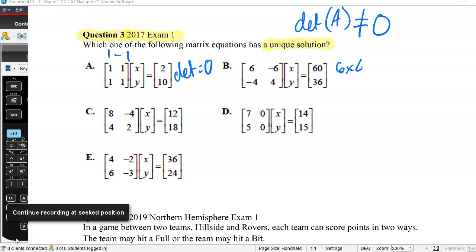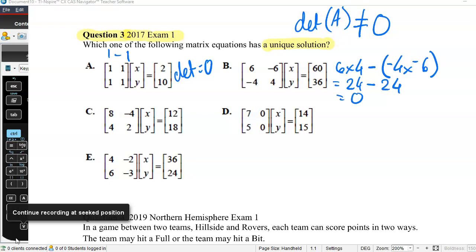6 times by 4, take away -4 times by -6. So 24. That's positive. So take away 24, so that's 0.